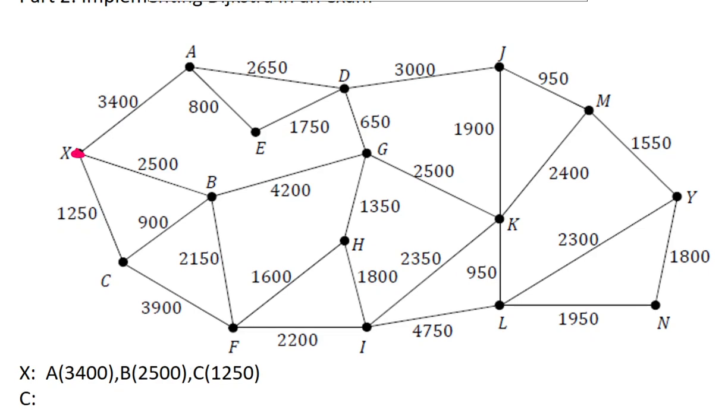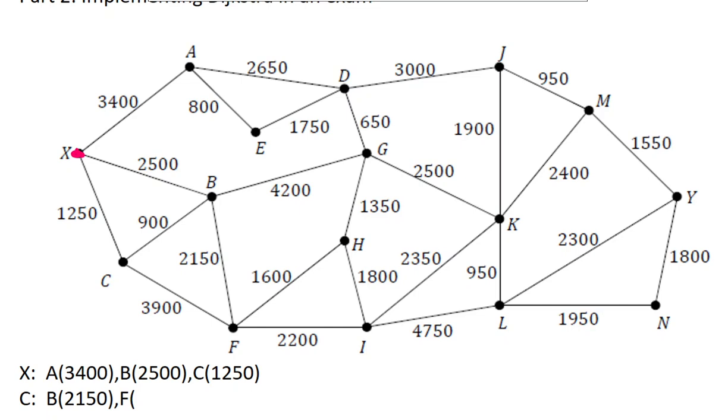And from C we get to B and F. So B is going to be 1250 plus 900, so that's 2150. And F is 1250 plus 3900, and that gives us 5150.